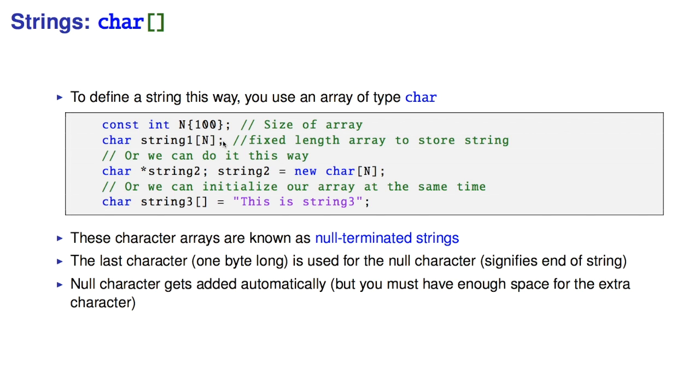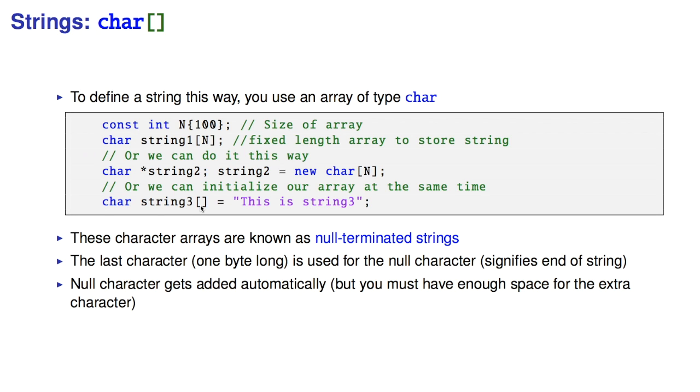Then I define a string of length n, a fixed length string, or I can do it by declaring a pointer and allocating the pointer by doing a new of n characters, or I can even initialize a constant string, which is a slightly neater way of doing it, where you write a square bracket and write "this is string 3", and that would store this is string 3 in that space you have over there.